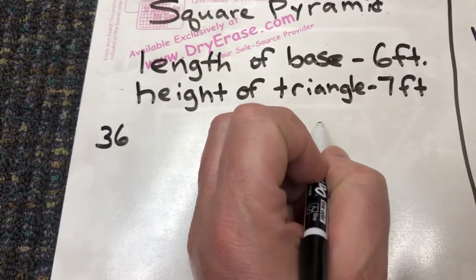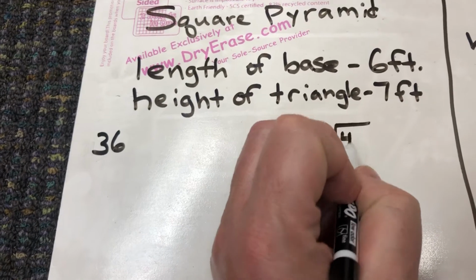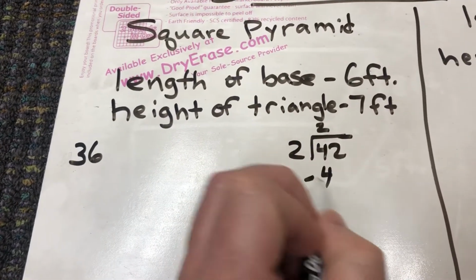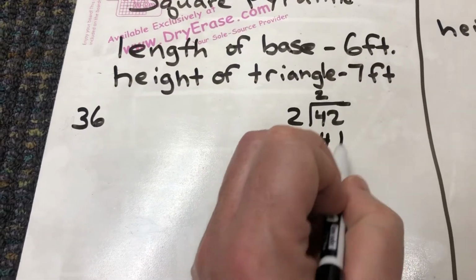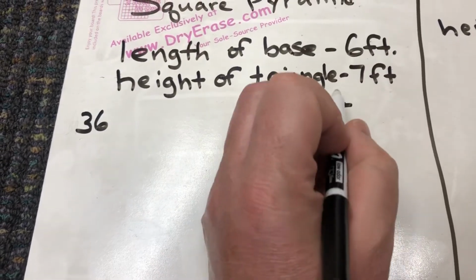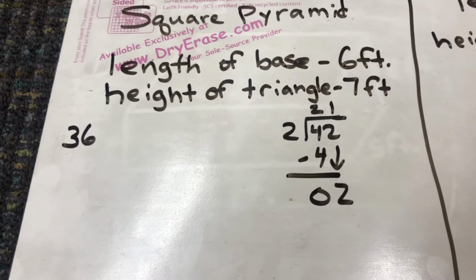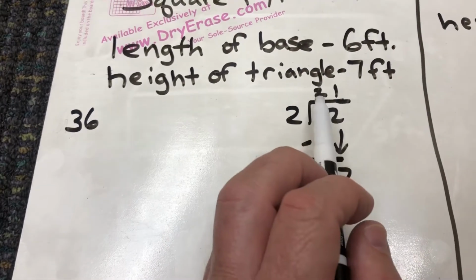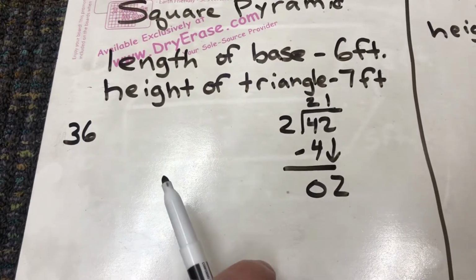And if I take 42 and divide it by 2, 2 can go into 4 twice, 2 times 2 is 4, 4 minus 4 is 0, drop the 2, 2 can go into 2 one time, and I know there's none left over because 2 times 1 is 2. So one of the triangles has an area of 21.